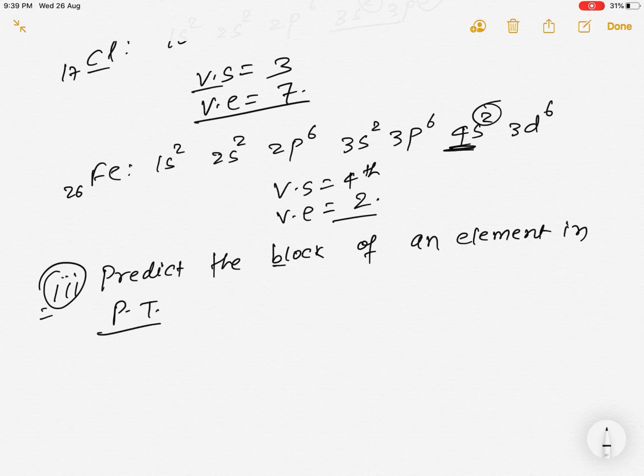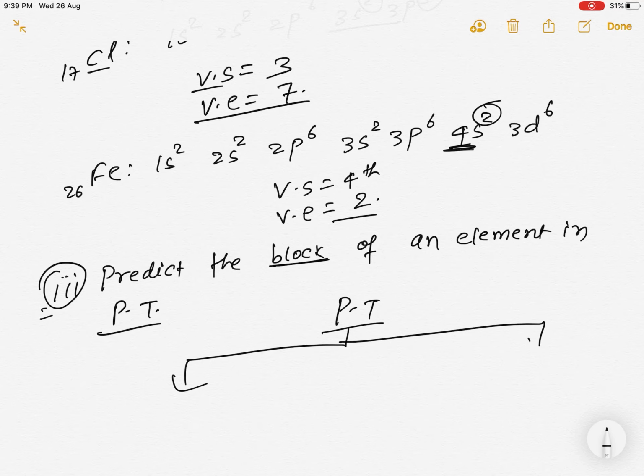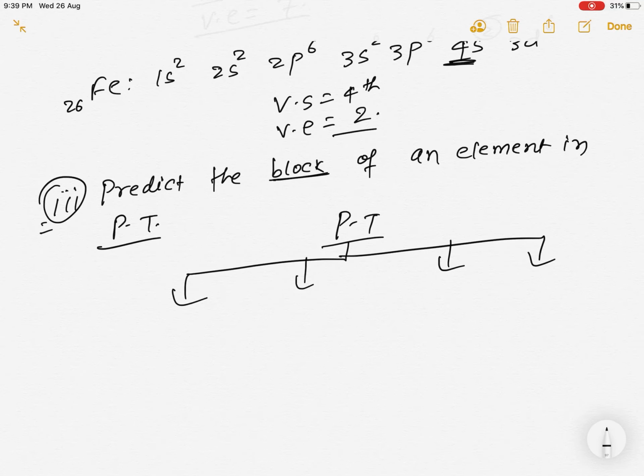Now, what do I mean when I say block? Remember that we will deal with that in the periodic table chapter also. The periodic table itself is divided into 4 blocks: S block, P block, D block, and F block.